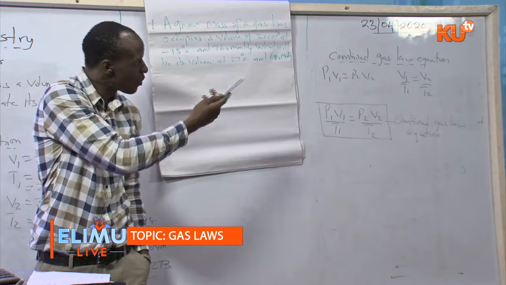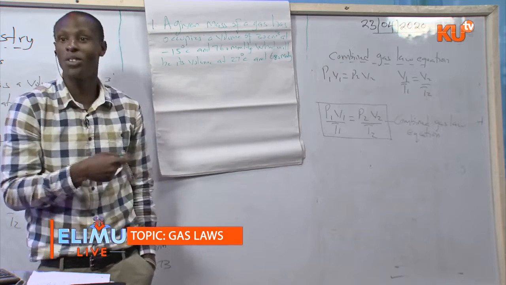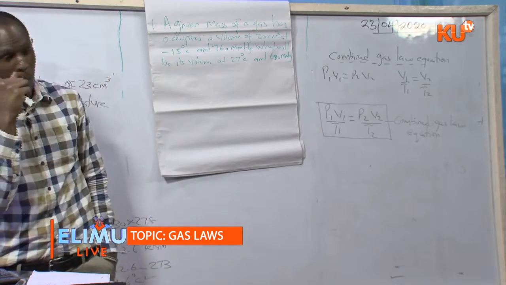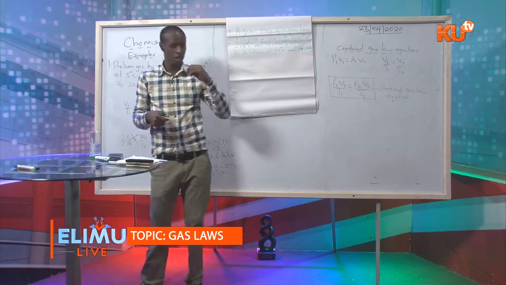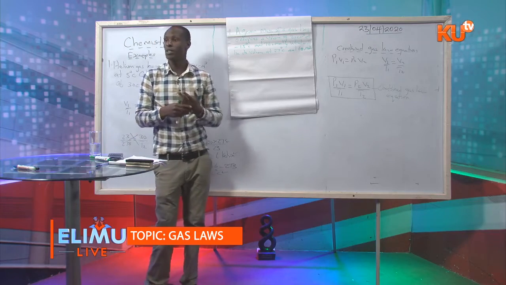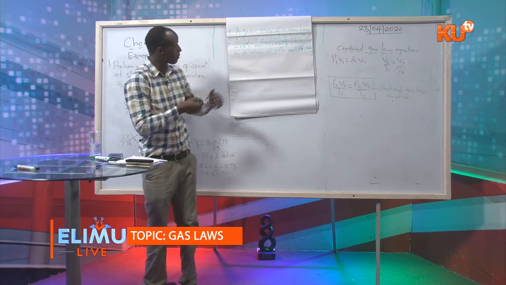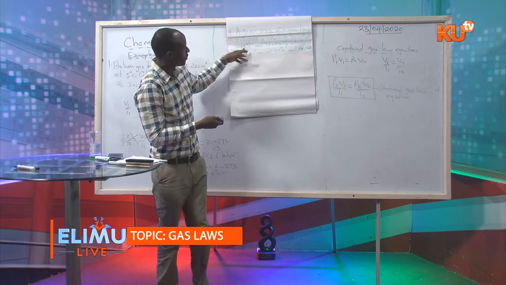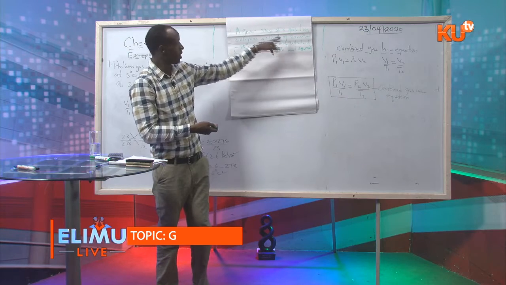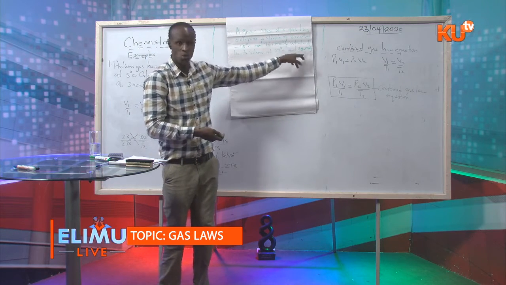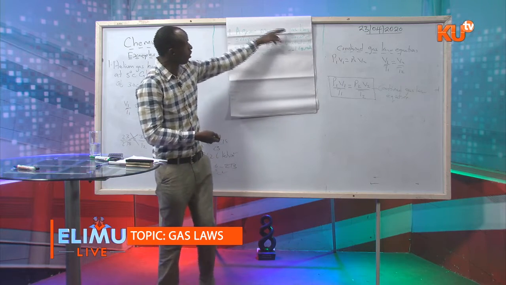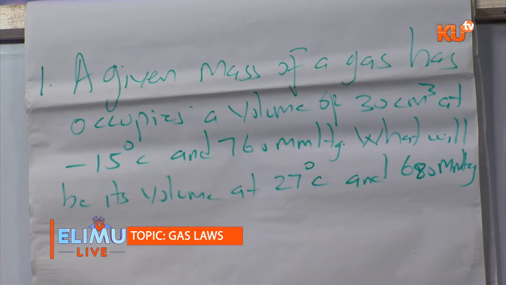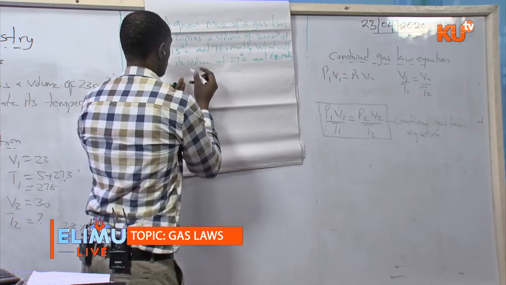Another one might use V1 over T1 equals V2 over T2, because you have been given all those three conditions, pressure, volume, and temperature. But one thing you have to be keen on is all the conditions have changed. The temperature was negative 15, it has changed to 27. The pressure was 760, it has changed to 680. So even the volume will change from 30 to something, and that's what we need to calculate. So what will be the solution?